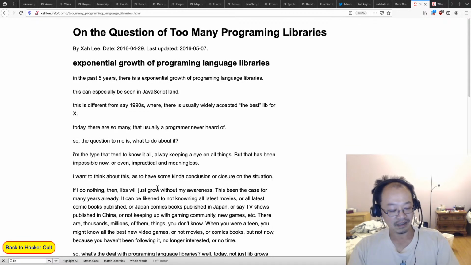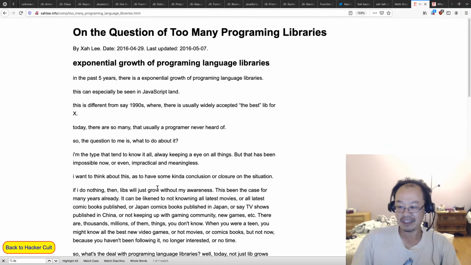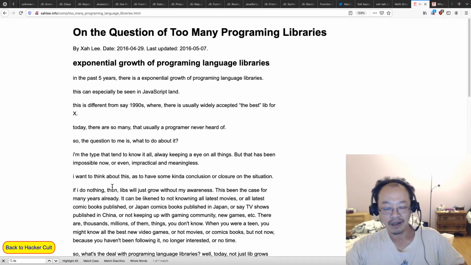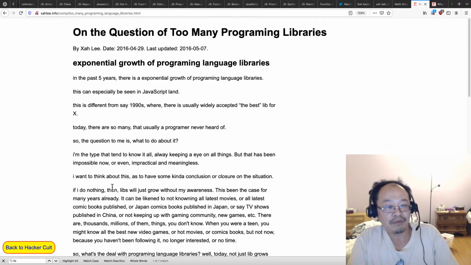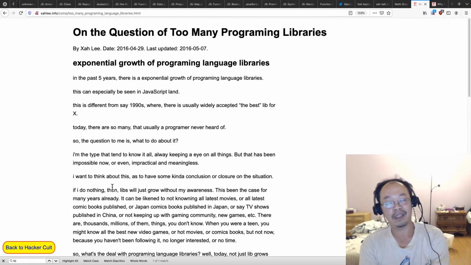In contrast, most people today follow the fads and don't know anything. They just look, oh, this library, oh, this is a new language, I need to use this. Oh, did you know this new library? I have always been interested, no matter the topic, in looking at the whole history and humanity's point of view. So I noticed in 2016, wow, there are so many libraries, you cannot even keep up.